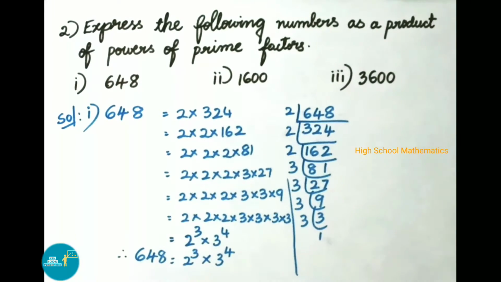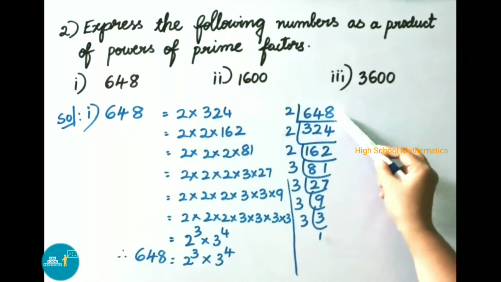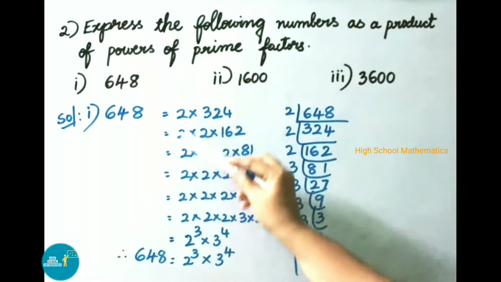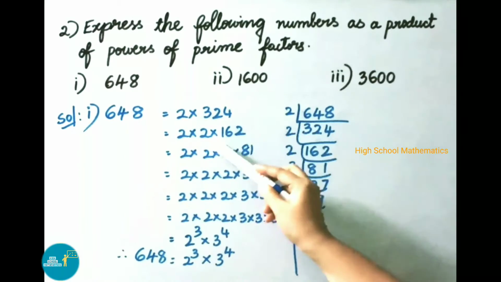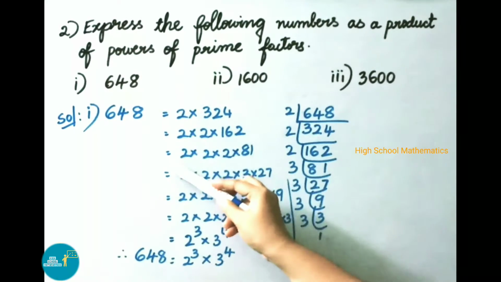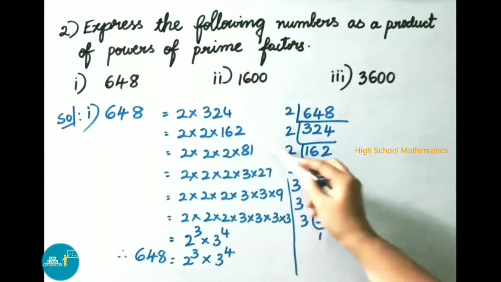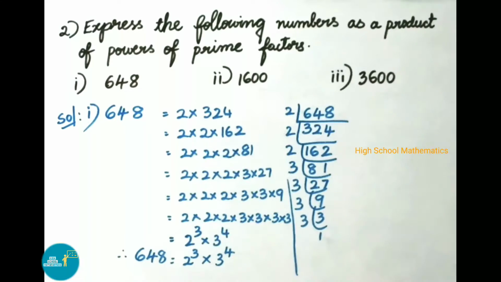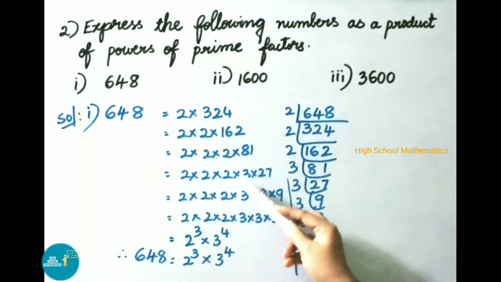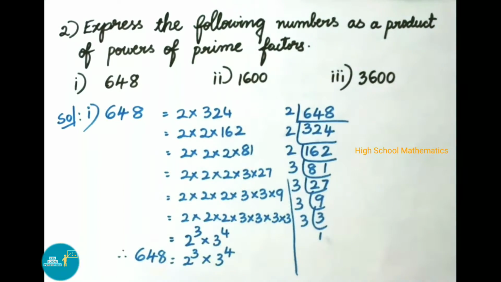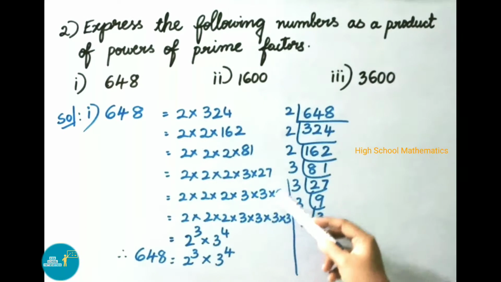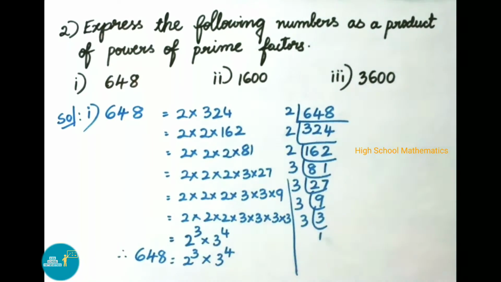Now let us write in prime factorization method. See here 648 can be written as 2 into 324, that equals 2 into 324 written as 2 into 162, that equals 2 times 2 into 162 written as 2 into 81, that equals 3 times 2 into 81 can be written as 3 times 27, that equals 3 times 2 into 27 written as 3 into 9, that equals 3 times 2 multiplied into 2 times 3 multiplied into 9 can be written as 3 into 3.